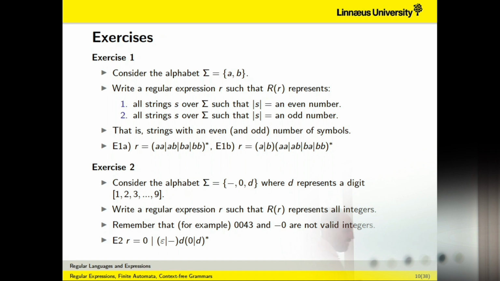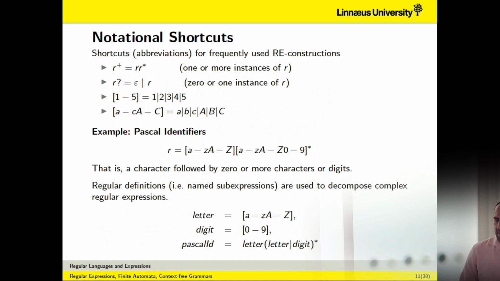Okay, so we have seen a few examples for the regular expressions, and I told you that there are 3 basic constructs in the regular expression, which are OR, concatenation, A dot B, and then we have this star.